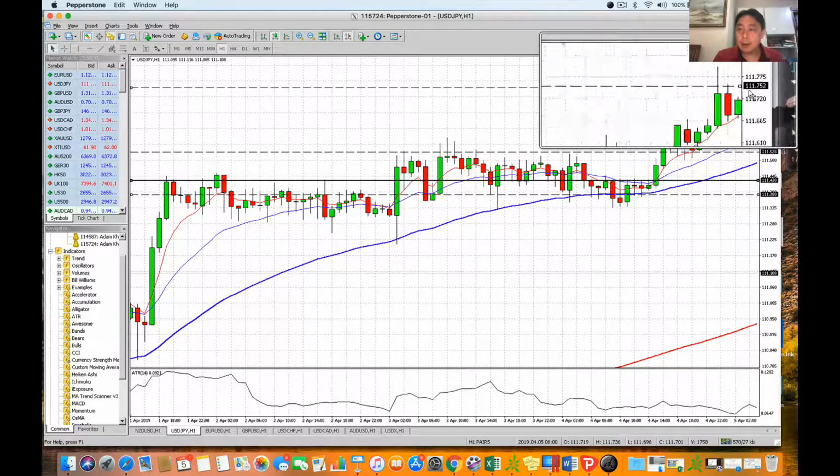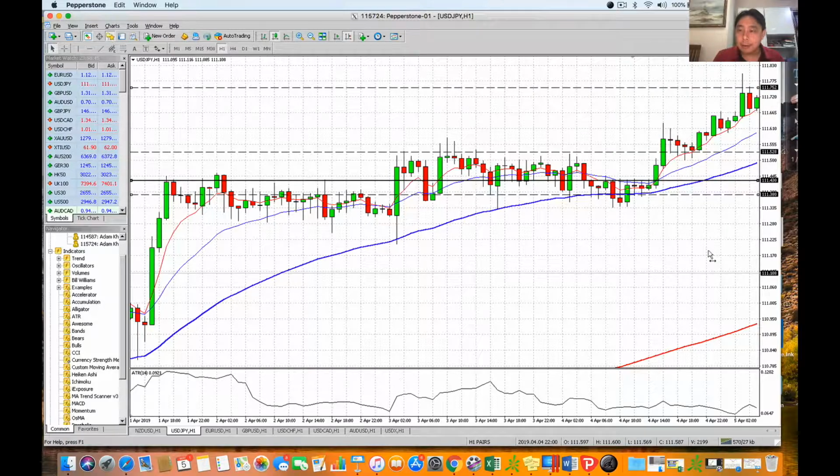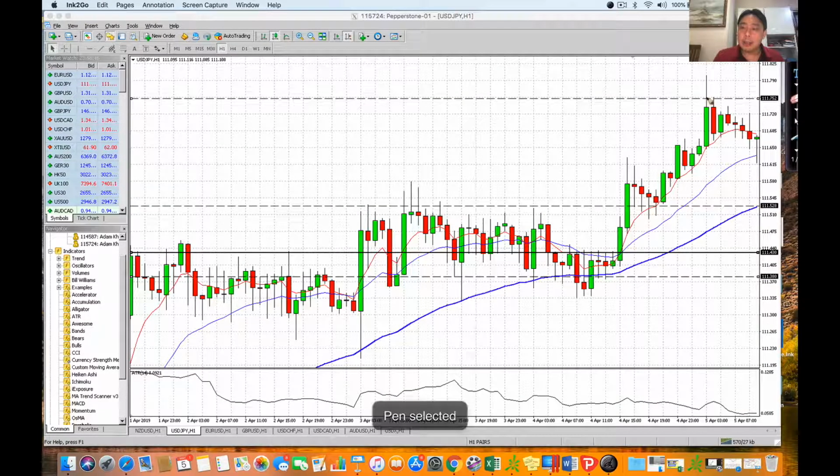There, hits our profit target at 111.75 and comes back down again, right? So you can see that this 161.8 level was a pretty significant level, right? Because it hit it and then came back down again. So it's a pretty significant level using Fibonacci to determine our profit target.